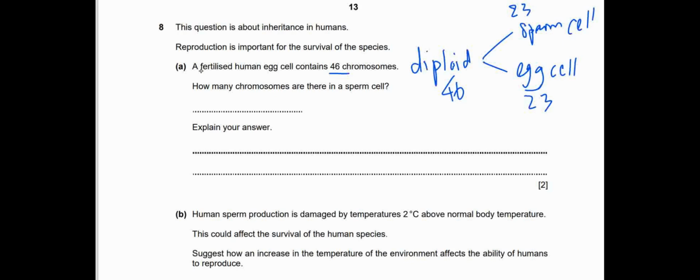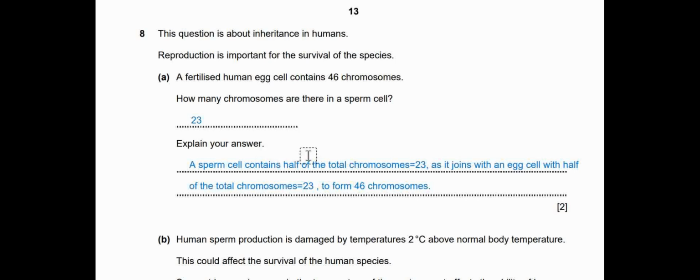So when they combine to 46, how many chromosomes are there in a sperm? It's 23. Explain your answer. A sperm cell contains half of the total chromosomes, 23, as it joins with an egg cell with half of the total chromosomes, also 23, to form 46 chromosomes.